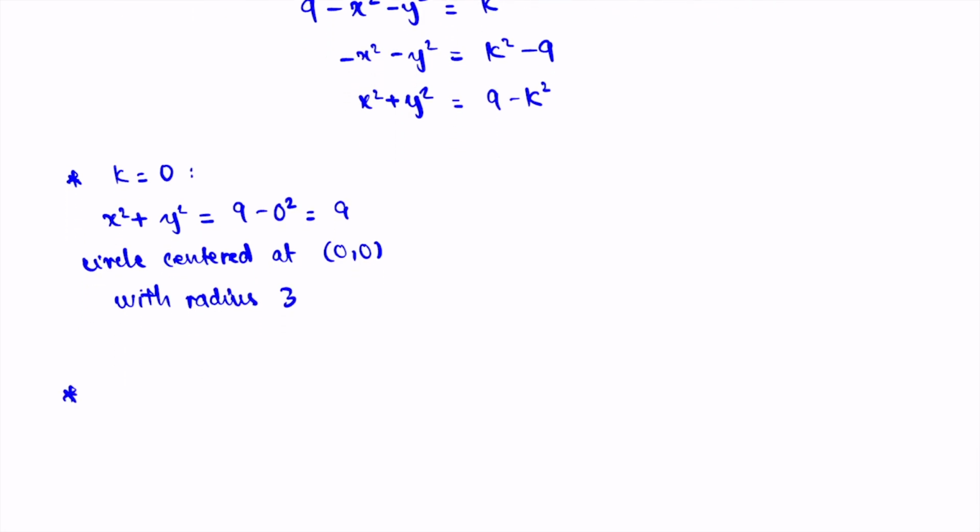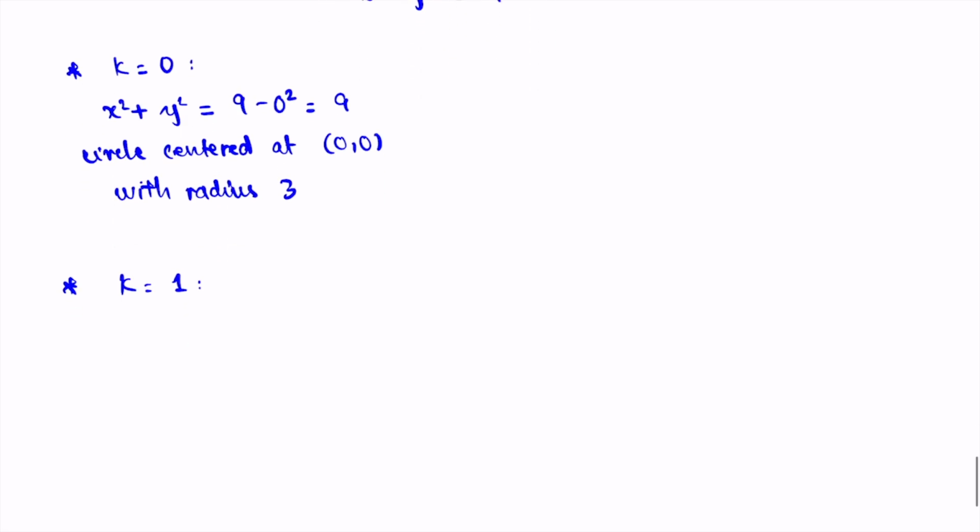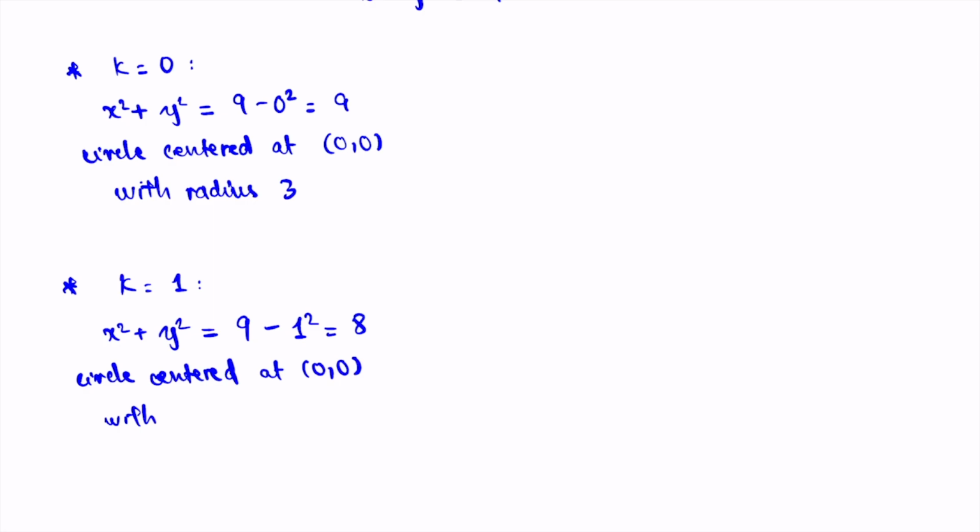Now, in the next scenario, when k is equal to 1, you have x squared plus y squared equal to 9 minus 1 squared, equal to 8. This is a circle centered at the origin with radius square root of 8, or 2 times square root of 2.